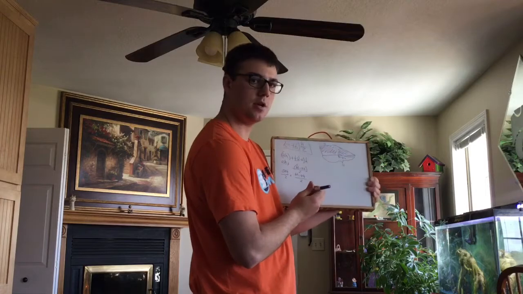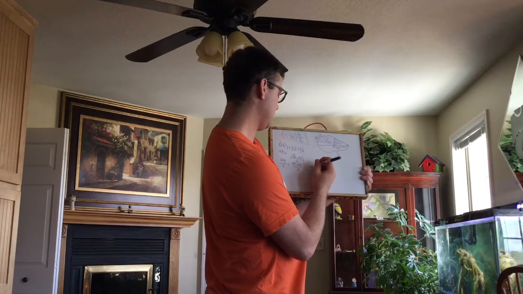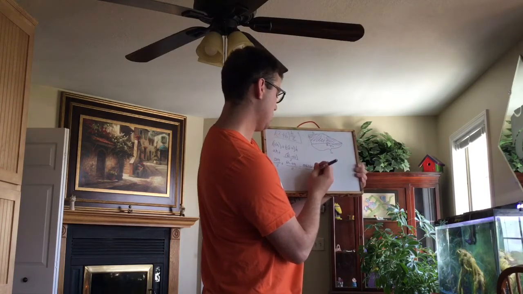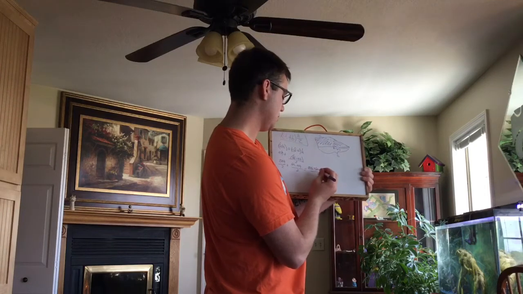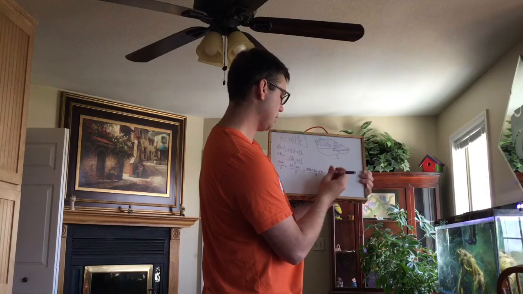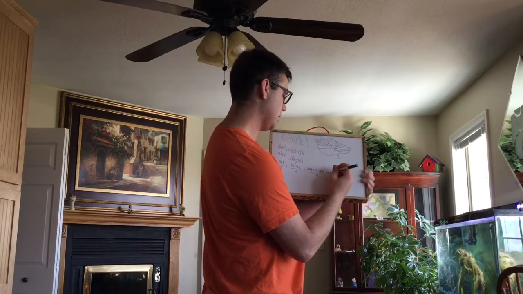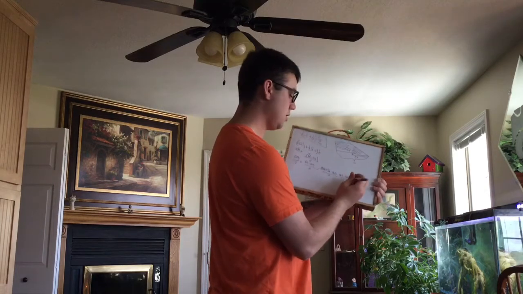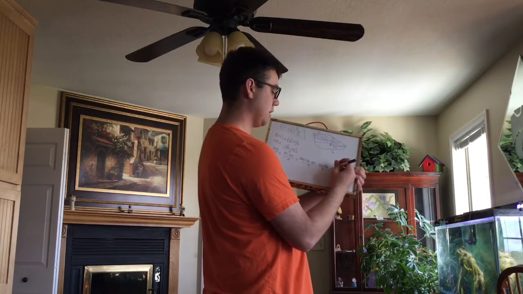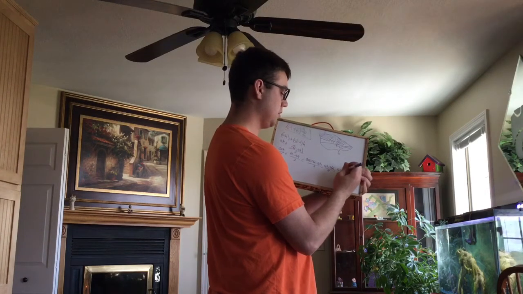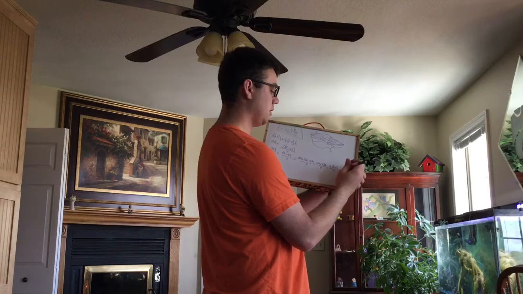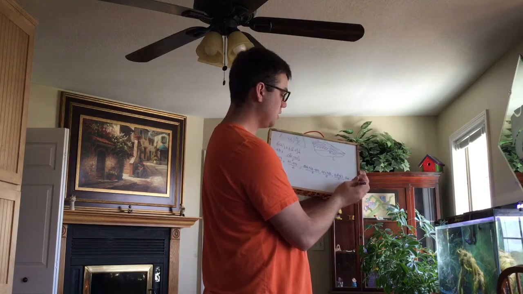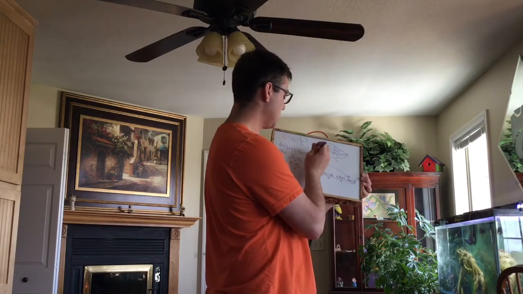Since these have the same denominator, we can go ahead and add them. So (2AH plus BH minus AH) over 2. You see these two terms right here, they're like terms, so they're going to combine. You've got 2AH minus 1AH, which is AH, plus BH over 2. Then you can take that H out of both of those. So you've got H times (A plus B) over 2, which you can rewrite as (A plus B) times H over 2, which is the same as our formula up here.